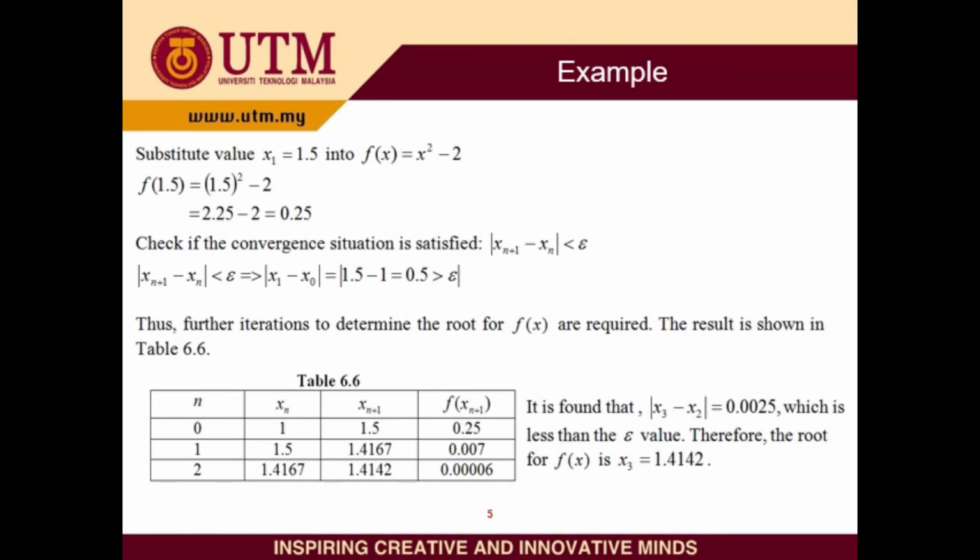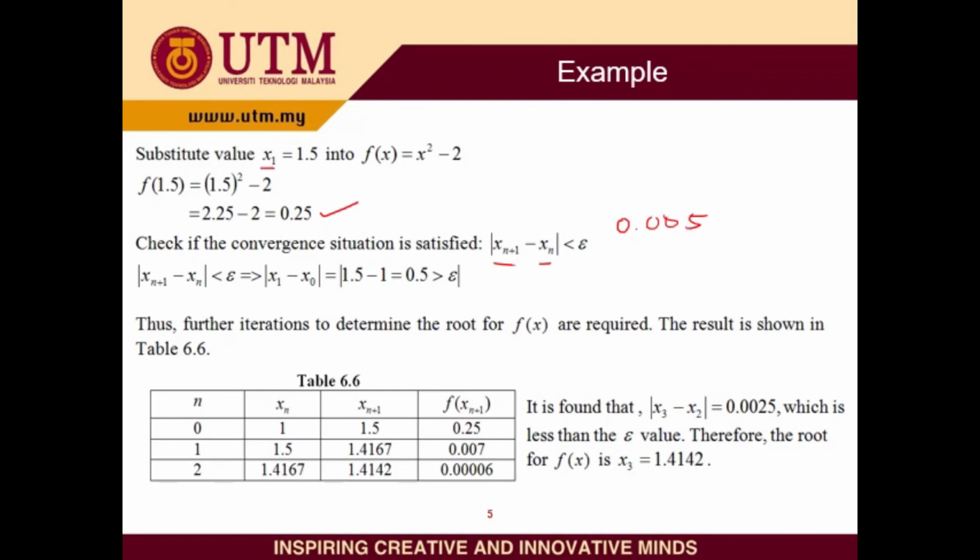After we get the value of x1, we substitute it into our f(x). Then you get 1.5 to the power of 2 minus 2, and the answer will be 0.25. Then you need to check for convergence. What is the formula for convergence? x n plus 1 minus x n must be less than our error, which is 0.005.